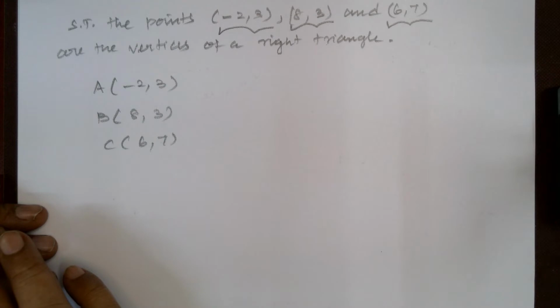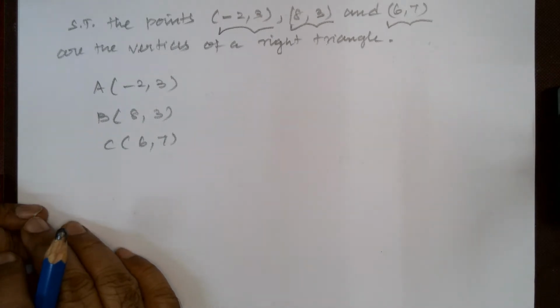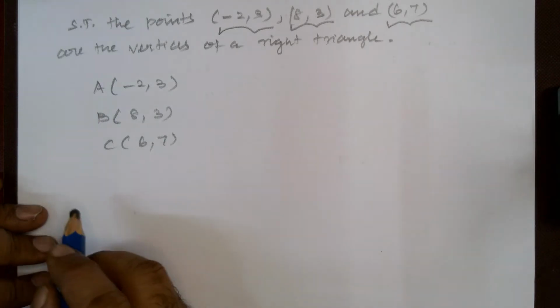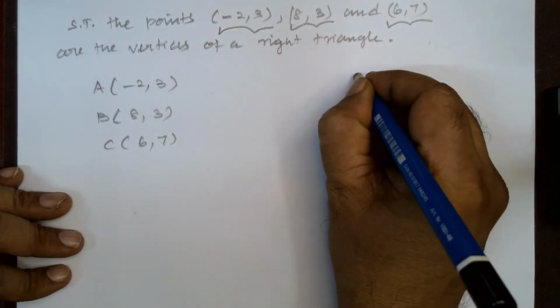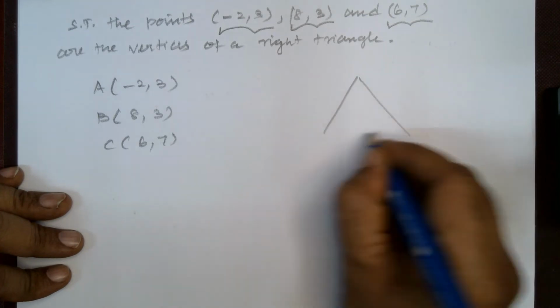Now we have to show that these are the vertices of a triangle.